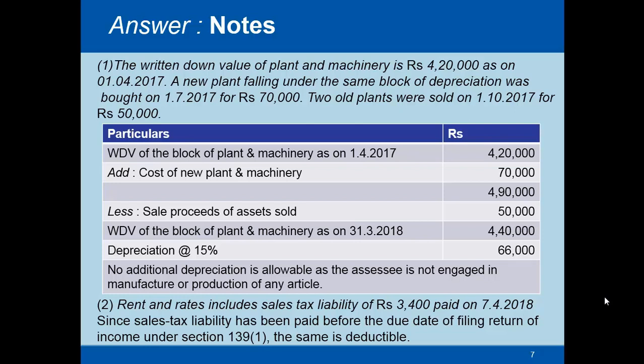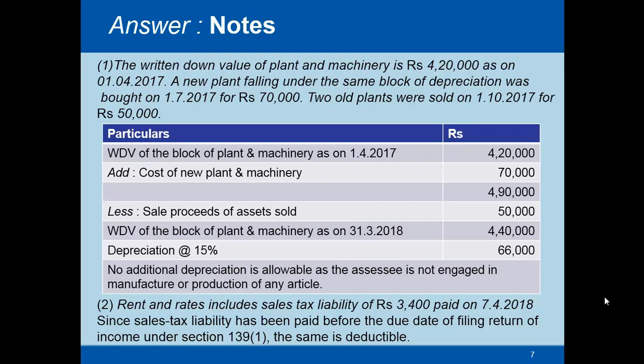So let's calculate the depreciation as per income tax rules. Now it is given that the written down value of the block of plant and machinery as on 1st of April 2017 is rupees 4 lakh 20,000. Now we are going to add the cost of new plant and machinery purchased during the year, which was given as 70,000. Now we will deduct the sale proceeds of the assets sold within the same block, which is 50,000.